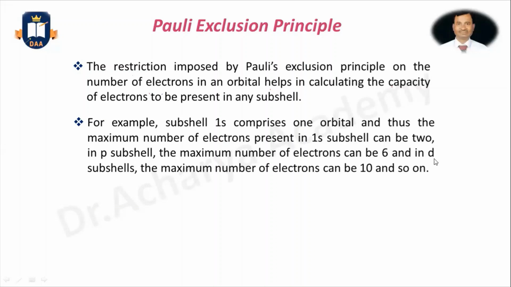And similarly for the d subshell, we know from our previous class it has 5 orbitals, and each orbital has a maximum capacity of 2 electrons. So for the 5 orbitals in the d subshell, the maximum capacity will be 2 multiplied by 5, equal to 10, and so on.